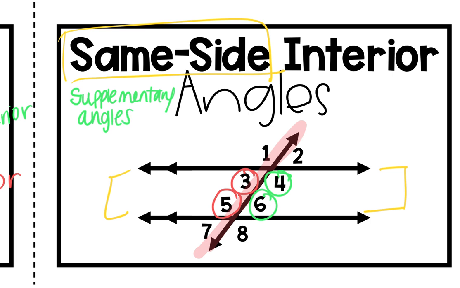What does supplementary mean? Remember that if you have two angles that are supplementary, that means they add up to 180 degrees. So let's say I have angle 3 and angle 5 as same side. Well, angle 3 plus angle 5 should give you a measure of 180 degrees.